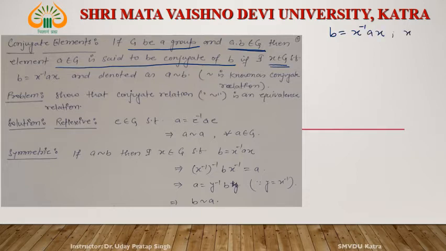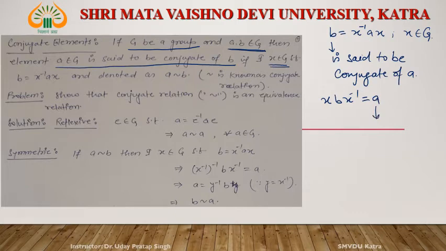Here x belongs to G. Then this b is said to be conjugate of a, and this can be written as x b x inverse is equal to a.